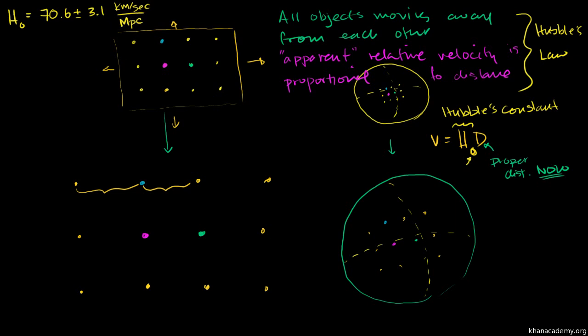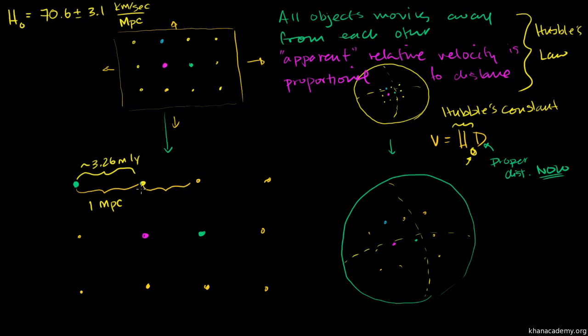So another way to think about it is, if this is where we are in the universe right now, and if this object right over here is at a distance of 1 megaparsec, so 1 million parsecs, or 3.26 million light years from Earth, then this object will appear to be moving away, although it's not moving in space.